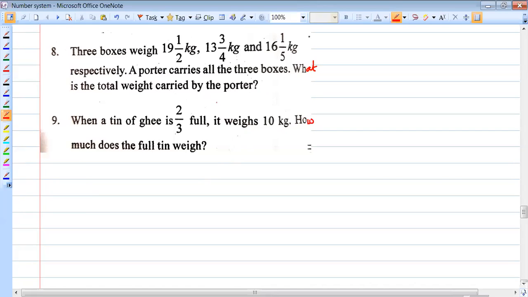Everyone, share your answer after you complete question number 8. 9.25. You need not mention it as a decimal, just say it in fraction.